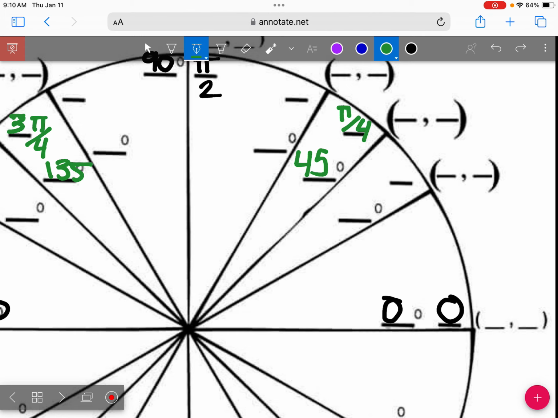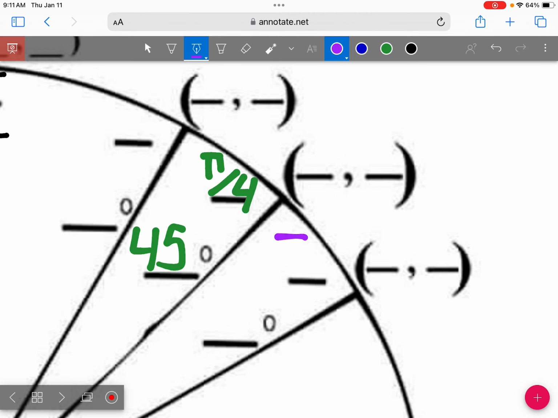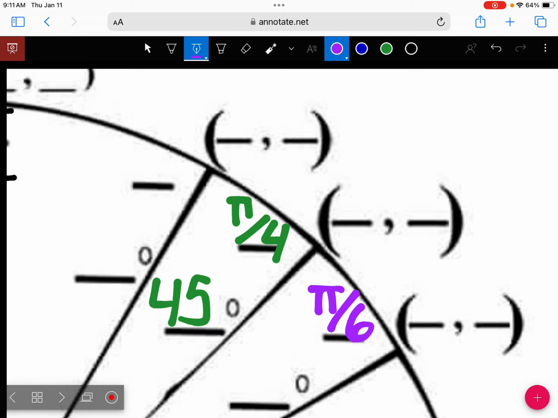So this is our very first one, and it's pi over 6. Our next blank is 2 pi over 6. What does that simplify down to? Pi over 3, right?